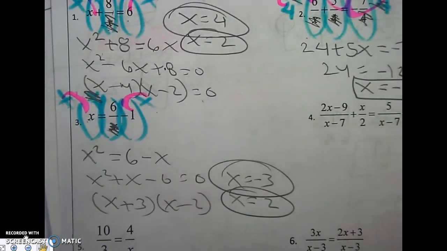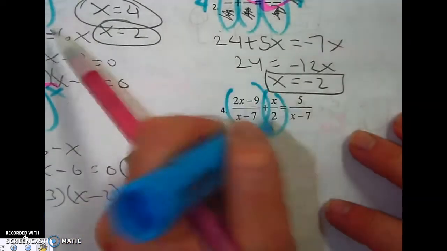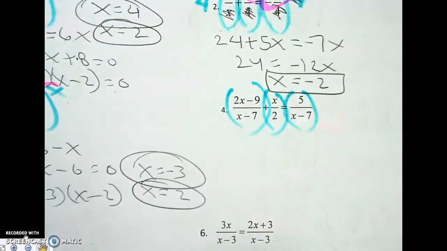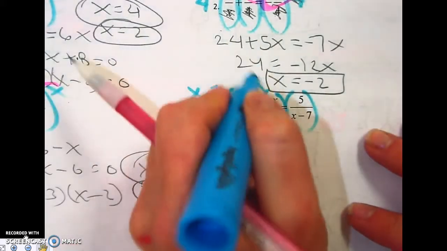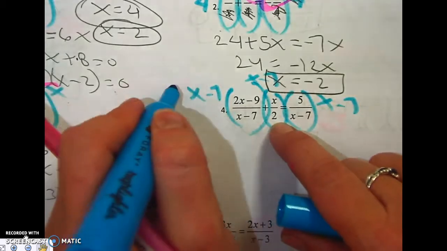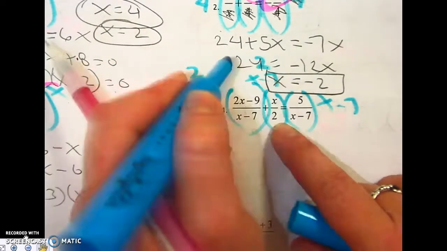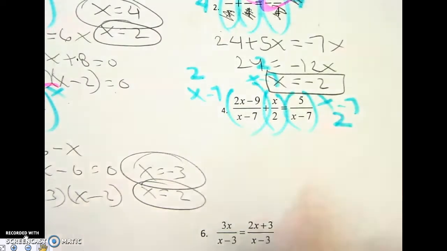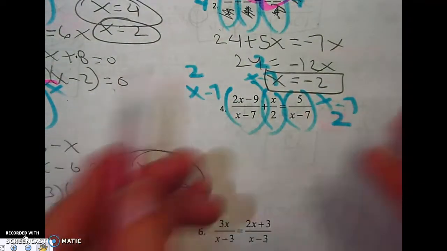Let's look at number 4. Goal, get rid of the denominators. Multiply, multiply, multiply. Now, whatever the first guy is, give it to all of them. x minus 7, x minus 7, x minus 7. Second one's a 2. Don't write it next to it or you'll think it's 2x minus 7. Write it above or below. And the last one's an x minus 7, but it was covered in there, so I'm good to go. Cross off.